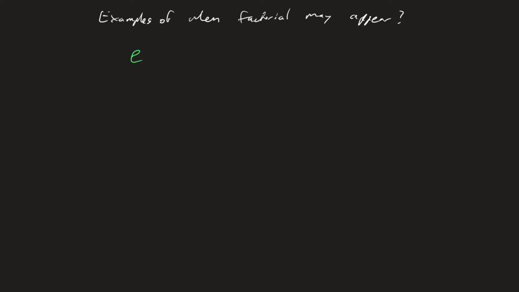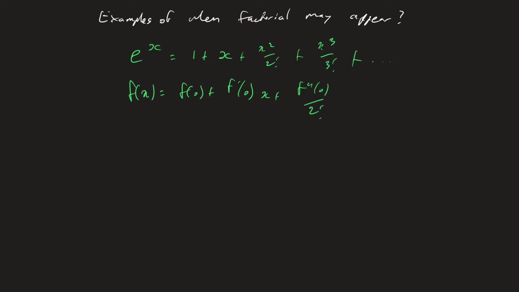The first is if we expand e to the x, we get 1 plus x plus x squared on 2 factorial plus x cubed on 3 factorial plus etc. That actually comes from the general expression for a Taylor series for a differentiable function, that f of x is equal to f of 0 plus f prime 0 times x plus f double prime 0 on 2 factorial x squared plus the third derivative at 0 divided by 3 factorial and so forth.